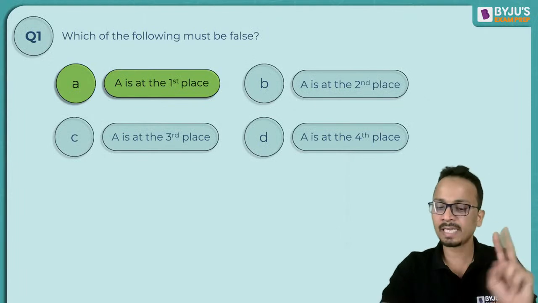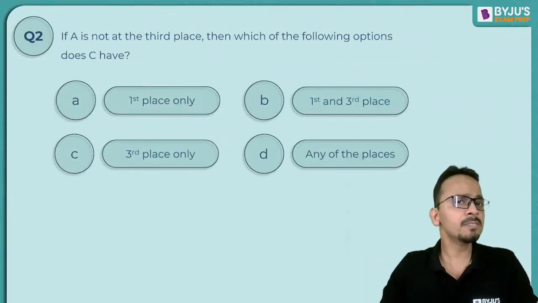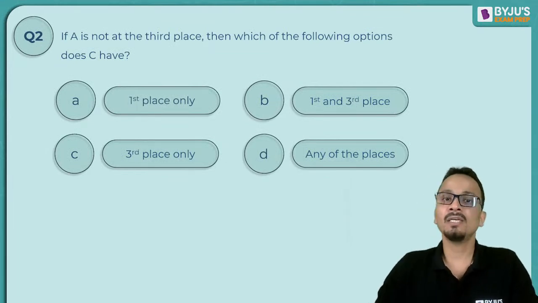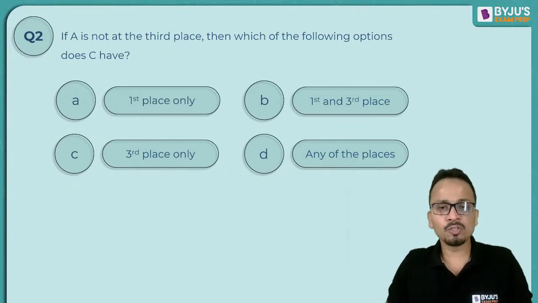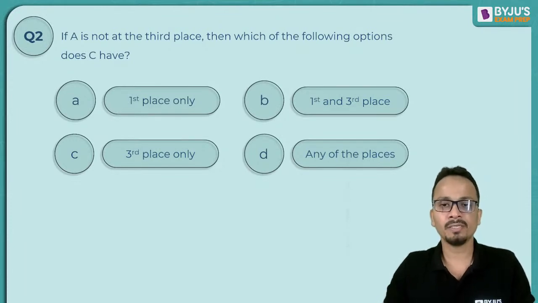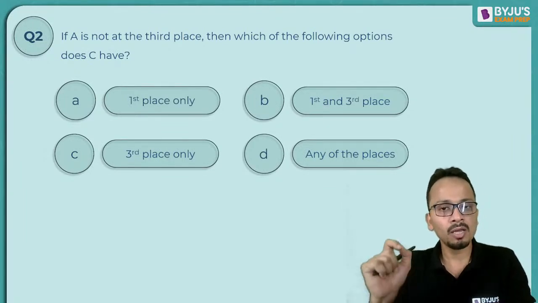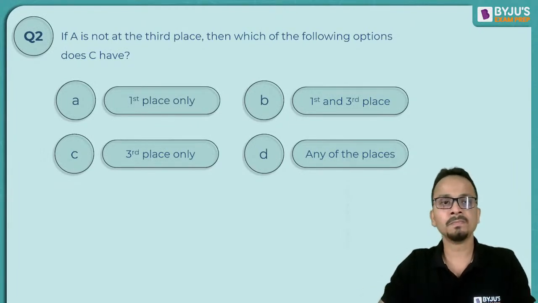Let's move on to the second question. If A is not at the third place, then which of the following options does C have? Be careful. You have to look at the different cases that we have seen. Observation should be proper. So just consider all possibilities that we have made and give me an answer.